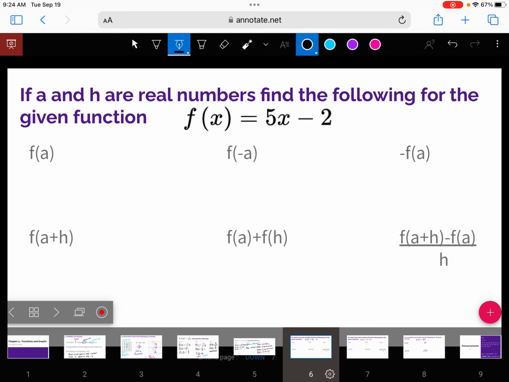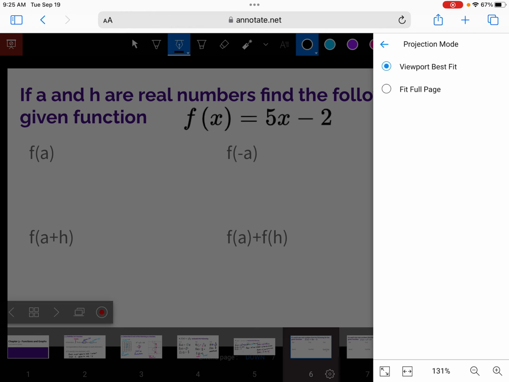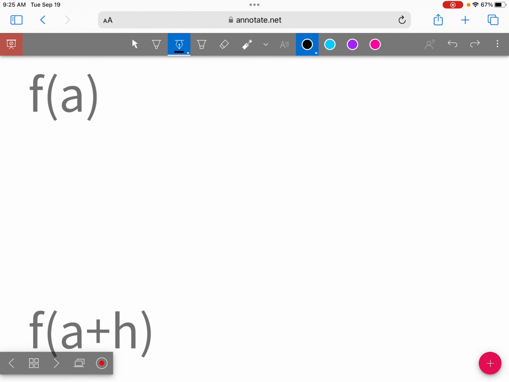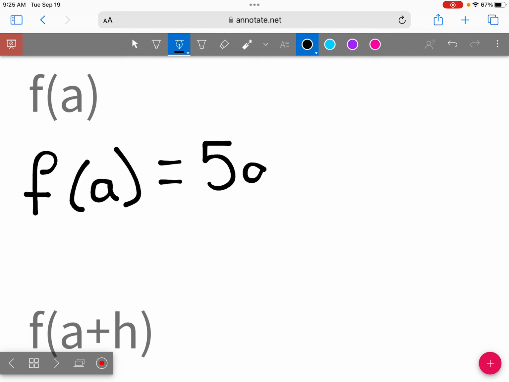All right, so we have f of a. A and h are just numbers, so we just treat them like numbers. So f of a, we just are replacing the x with an a. 5a minus 2.